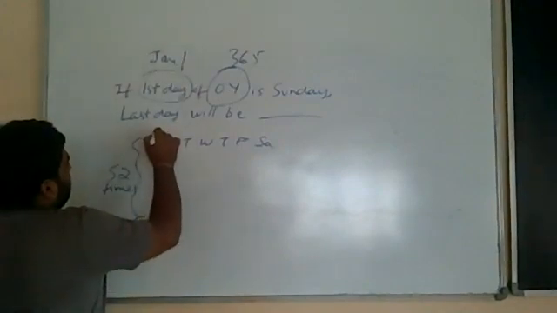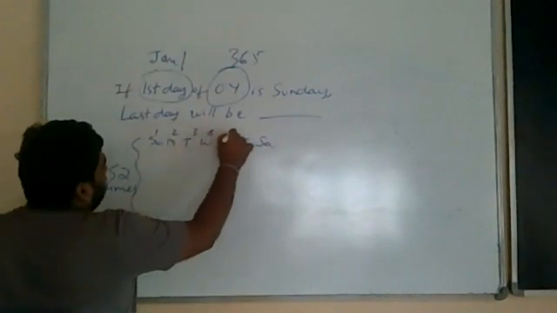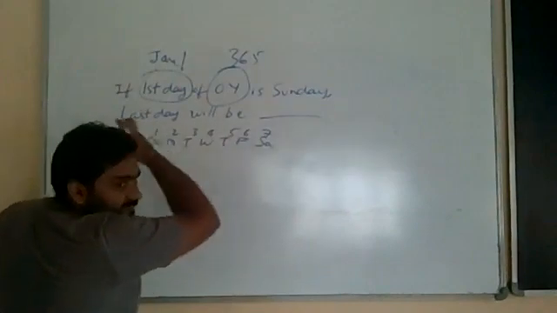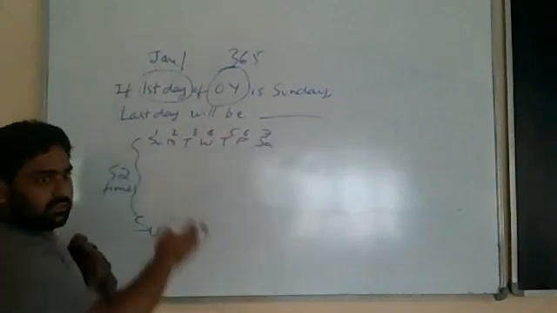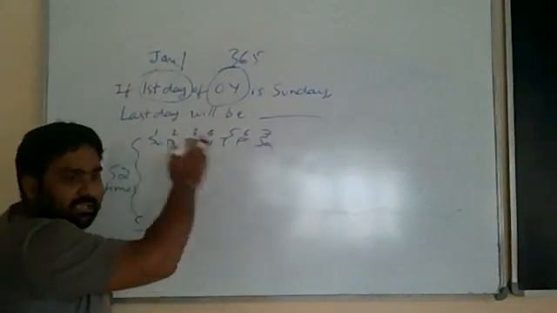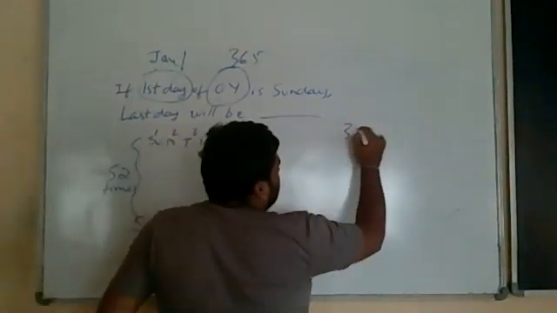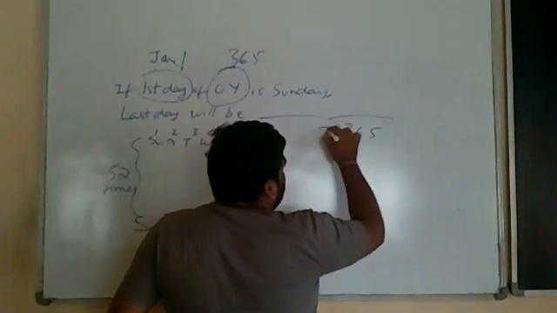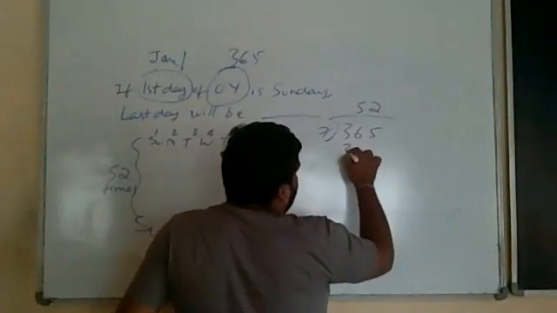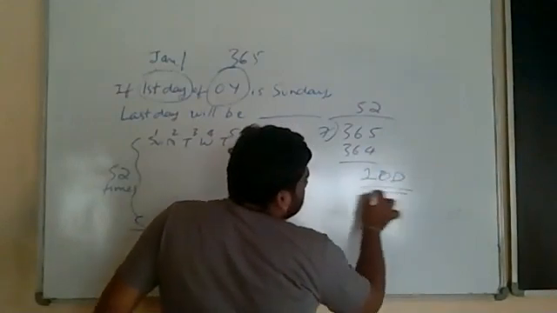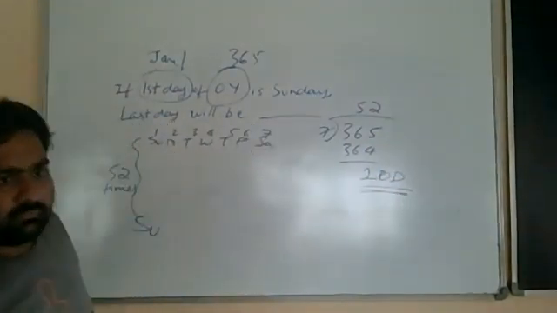So January 1, 2, 3, 4, 5, 6, 7, again 8, 9, 10, 11, 12, 13, 14. Like this it will go on. Correct? Then comes February, March, April. Remember, in 365 days, if I divide by 7, 52 weeks are there, and 1 day is remaining, no? Correct?